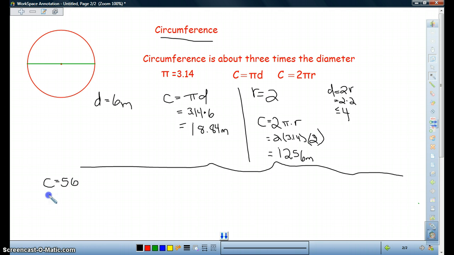What is my diameter? So when you think about your circle formulas, think about, well, what formula do I have that I can have circumference and diameter in the same equation? Well, we have C equals pi times d. And we need to get d by itself.